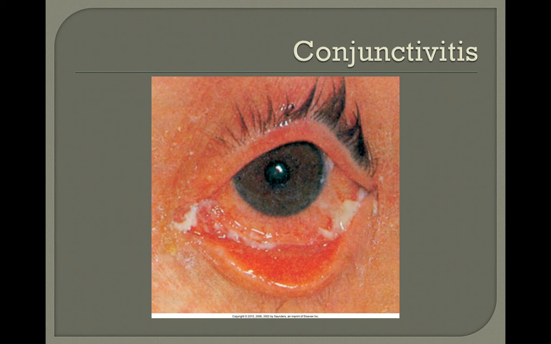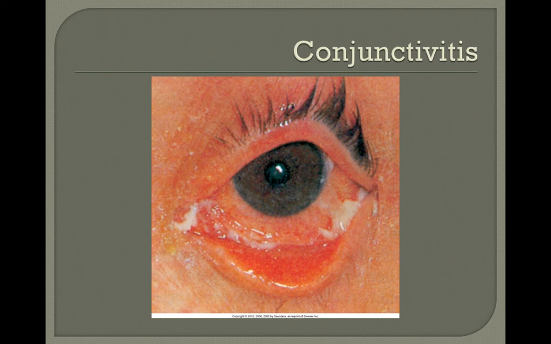And so what we have to be careful and know to teach our patients and our children when they have pink eye is to make sure they're constantly washing their hands, trying not to rub the eyes, making sure that they're not rubbing one eye and then rubbing the other, because typically when kids have pink eye in one eye, they're going to get it in the other because they're rubbing both eyes.